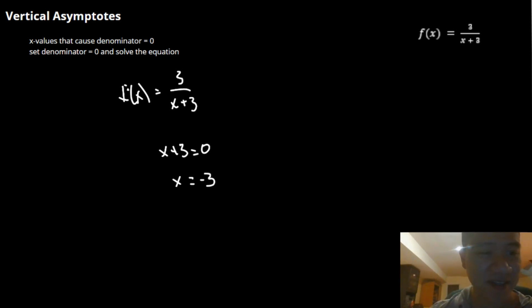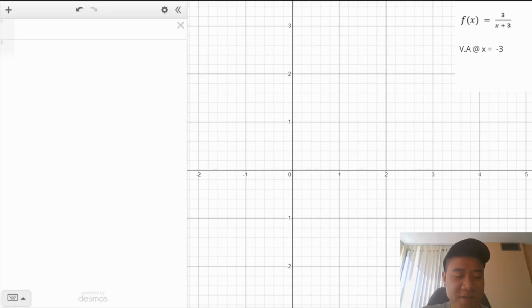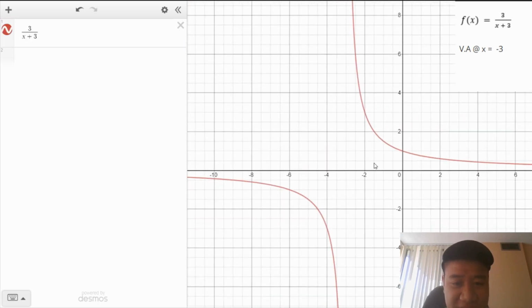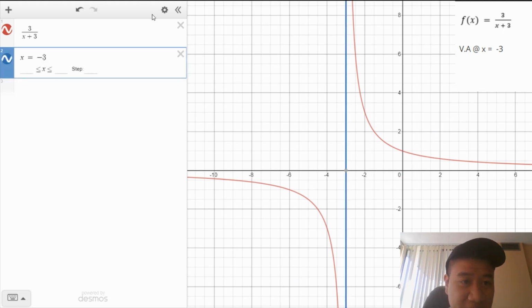So let's graph this, and we can actually see that we get our vertical asymptote at negative 3. So let's graph our function here, 3 over x plus 3. As you can see, we have a vertical asymptote there at x equals negative 3.